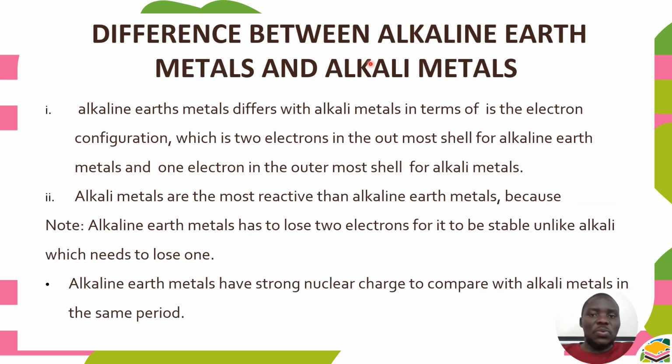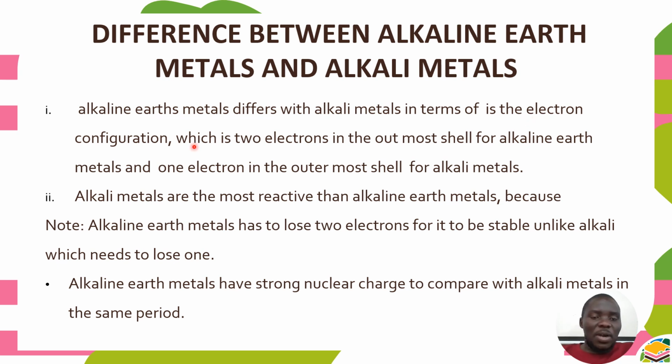So the difference between alkaline earth metals and alkali metals. One, alkaline earth metals differ from alkali metals in terms of their electron configuration. What do we mean when we're talking about their electron configuration?